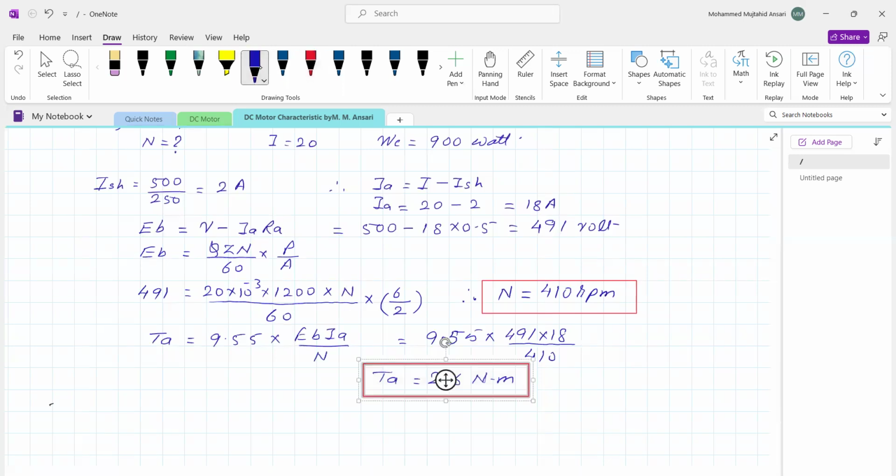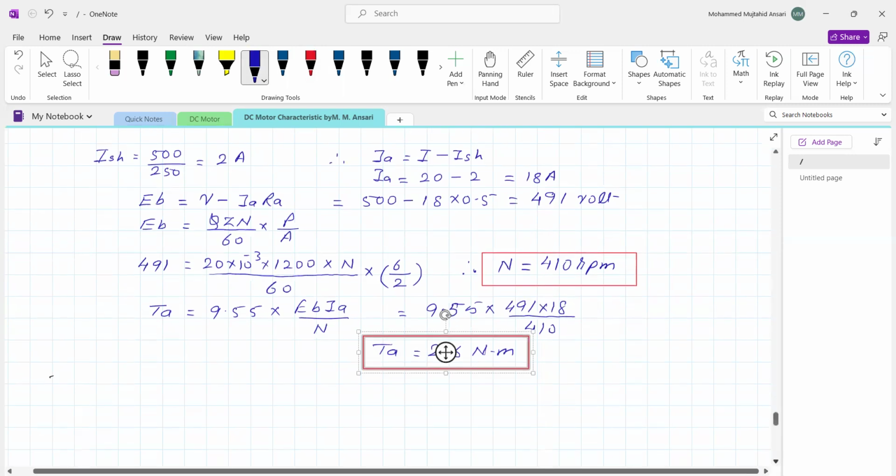Now we want to calculate the efficiency. We want to calculate useful torque. So for the useful torque, it is necessary to calculate the power output. So here, first we will calculate the motor input.